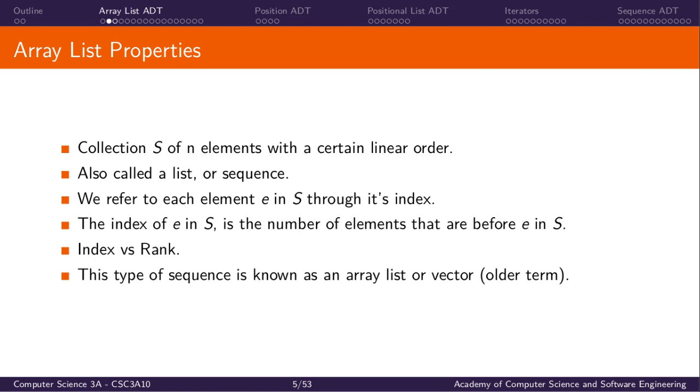So we don't use the term rank, instead we use index, which is well understood regardless of context, that the index of an element E is the number of elements that occur before that element E. So our first one will have index 0, because there are no elements that occur before that. And if we have n elements altogether in our list, the last one will have index n-1 because there are n-1 elements that occur before it. All right, so that's well understood, and that's what we use.